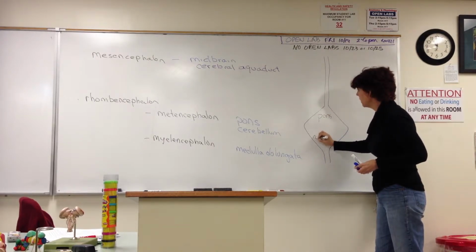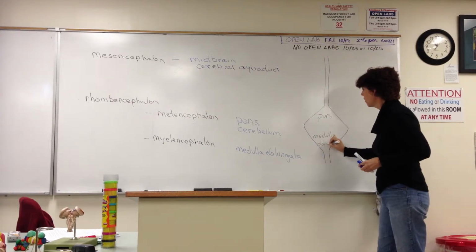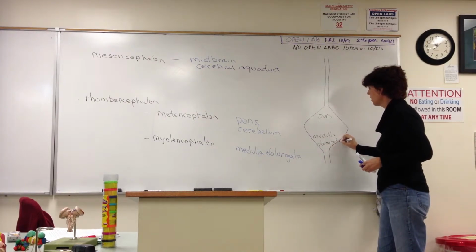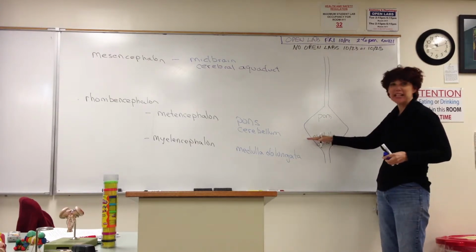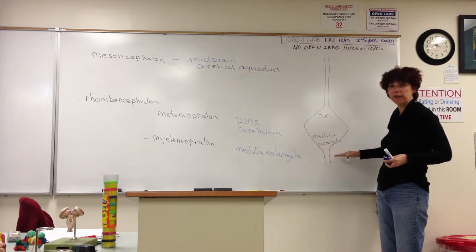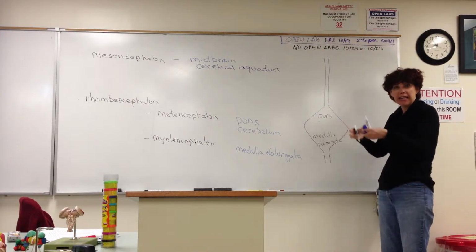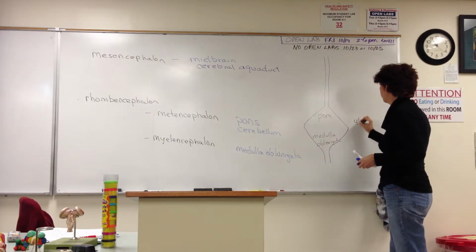And this portion will be the medulla. So the medulla has two parts. If we section the upper part of the medulla, we see the fourth ventricle as a wide structure. If we section the lower part of the medulla, it's more like the central canal. Okay? And so this is the fourth ventricle.